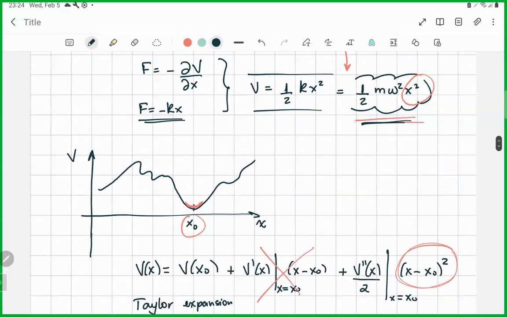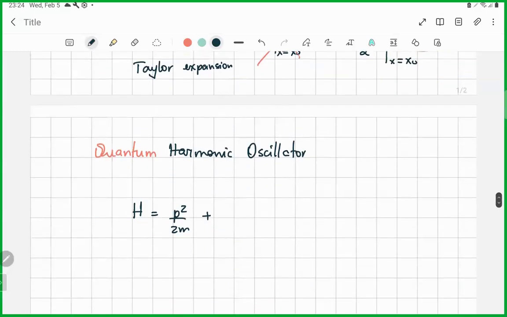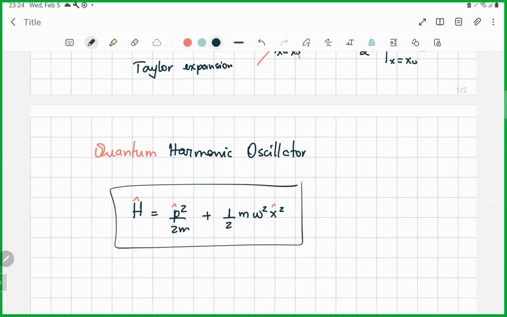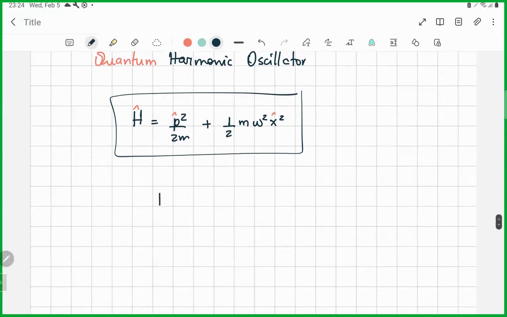I'm going to write it in this form here: 1/2 of m omega squared x squared. And what happens when we are dealing with a quantum harmonic oscillator? Well, these are operators, correct? And what are we going to do? Well, this is our Hamiltonian. We now need to solve the time-independent Schrödinger's equation. That's what we need to solve. Okay, and this is going to be the discussion for the next video.